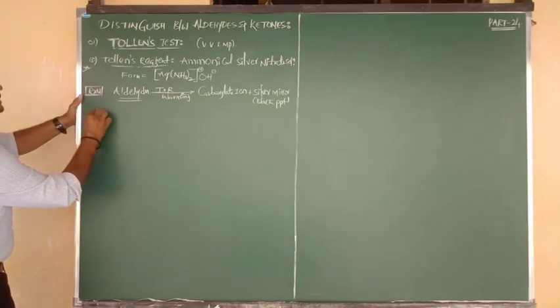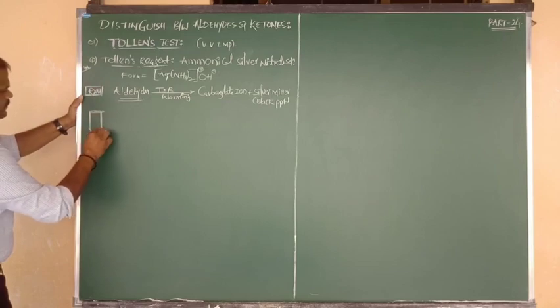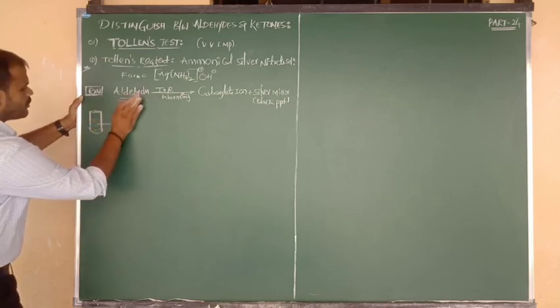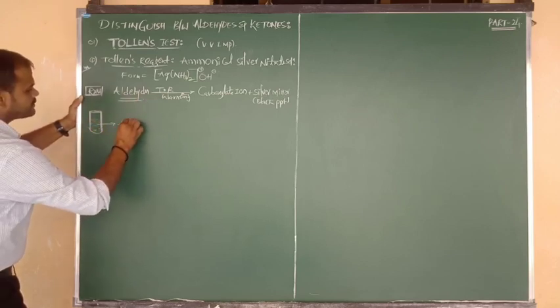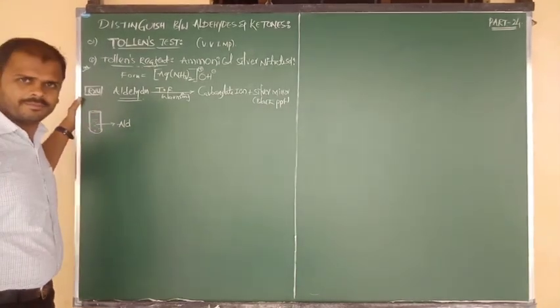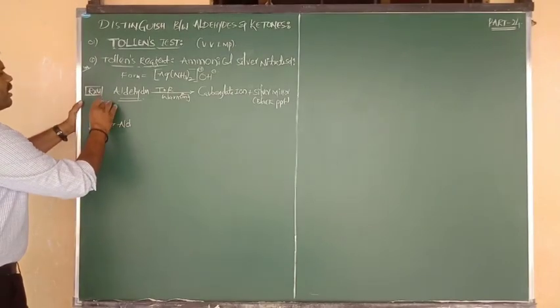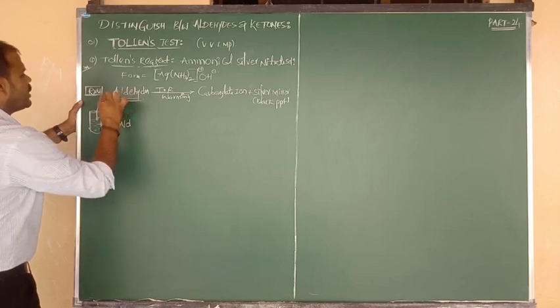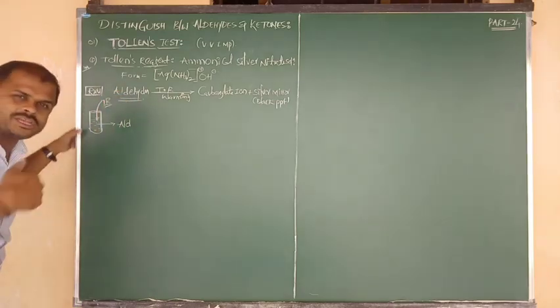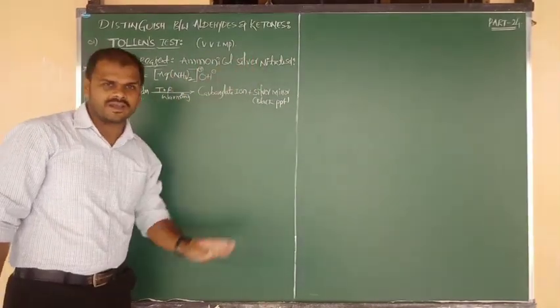Listen carefully. First, suppose I consider one small test tube. Into the test tube, first of all, I consider one carbonyl compound. Suppose the carbonyl compound is an aldehyde, maybe acetaldehyde, formaldehyde, benzaldehyde, any aliphatic or aromatic aldehyde. Now into that aldehyde solution, I add the Tollens reagent, that is, ammoniacal silver nitrate solution.